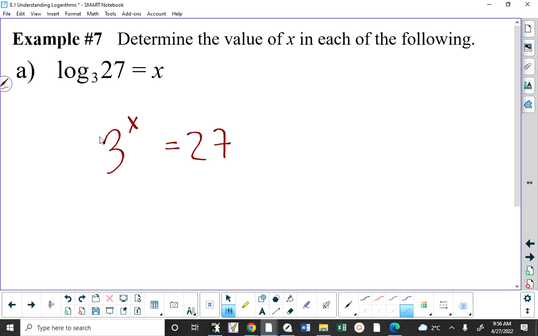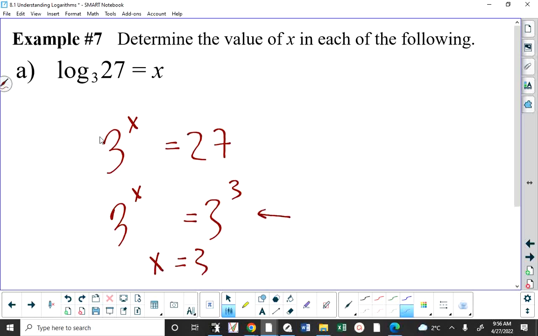Well, in exponential form, it's 3 to the x equals 27. And I would hope, and this may not be the case, that you don't really have to write anything else to know the answer is 3. If you want to be clinical about it and say, oh, this is an exponential equation from yesterday, I'm going to write these both with the same base, and then you're going to say the exponents are equal.